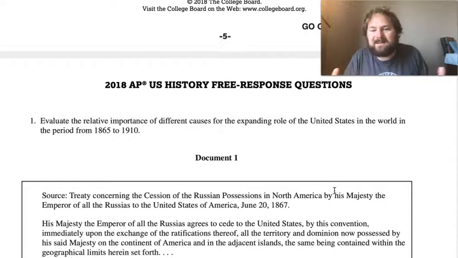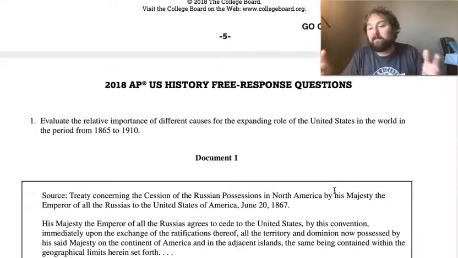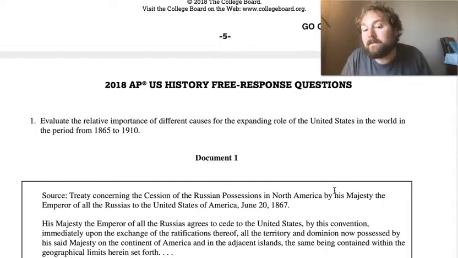Okay, that might come up, but it's not really to do with the rest of the world. New states. We took Hawaii. That is an area that was foreign that became part of the United States. That might be important.